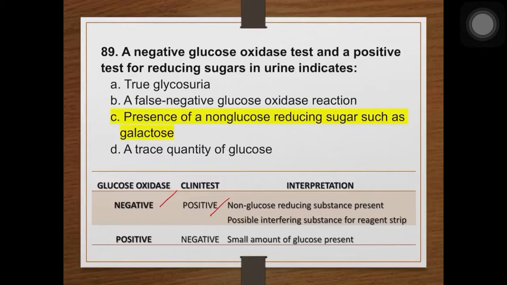Ang Clinitest, ang precursor po nito ay Benedict's. Ang Clinitest is not specific for glucose. It will also detect other reducing substances. So this can indicate presence of non-glucose reducing substances such as galactose. Correct answer number 89, letter C.